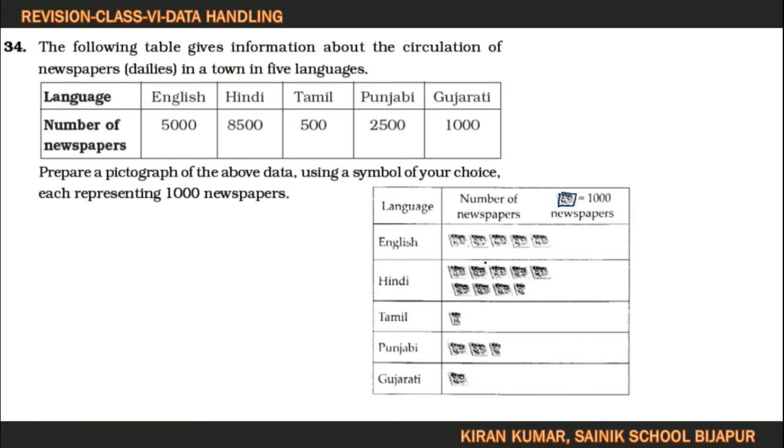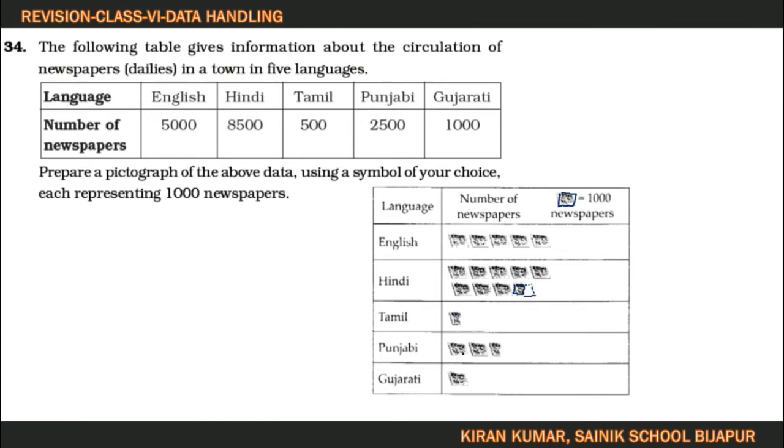So to indicate 5,000, I require 5 such symbols. To indicate 8,500, 8 full symbols, and 1 is half. This is half of that. This is half. To represent 500, it's exactly half.